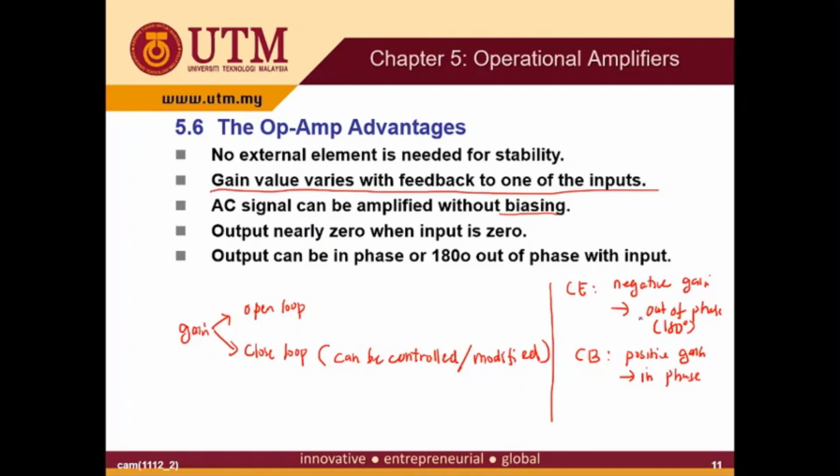When you use the BJT, you need to construct different configurations to get negative or positive gain. But for the op-amp, you can easily change negative gain to positive gain by changing the connection of the resistor outside the op-amp. So it's much easier compared to the BJT circuit.